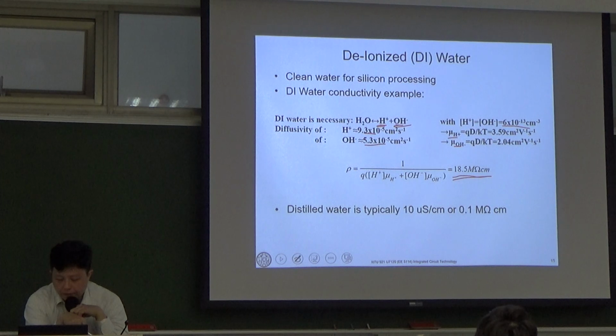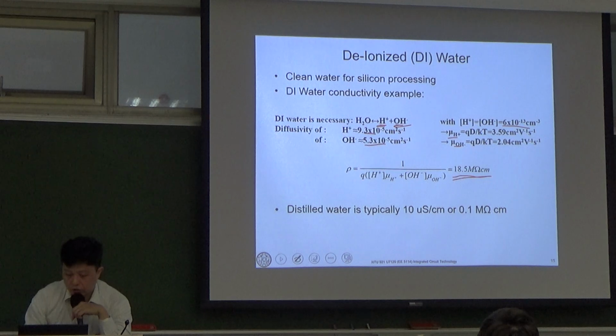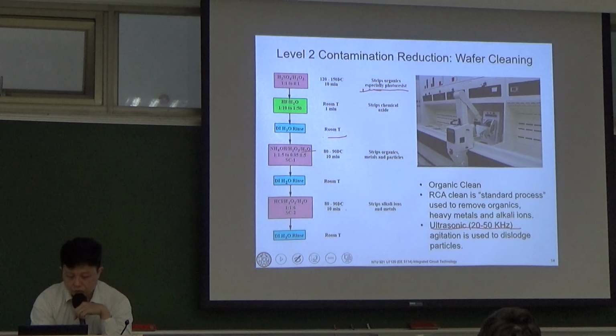Okay, so this is very high resistivity, which means that your DI water has very few ions, because these ions will sometimes react with your silicon wafers, or also change some chemical properties. So for all the water we used here, we have to use DI water.